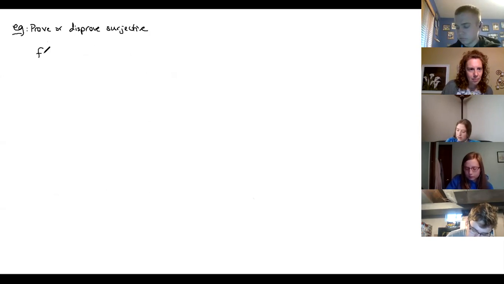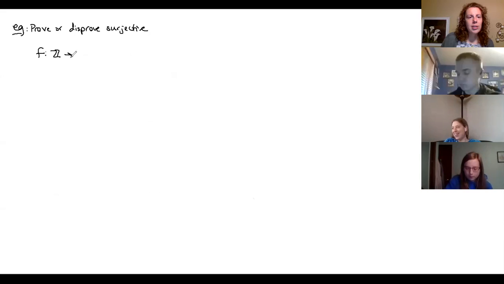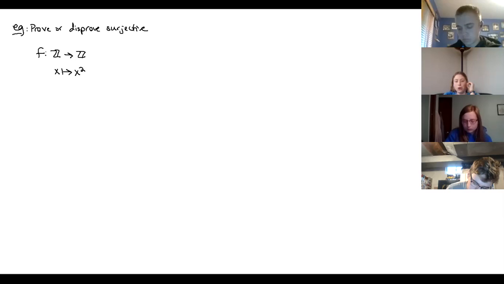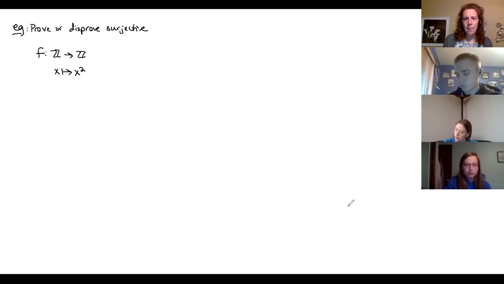First of all, F is going to go from the integers to the integers, and X is going to go to X squared. For this one, I won't do my scratch work because this one's hopefully easy enough to see. We're gonna do the scratch work for the next one, maybe.